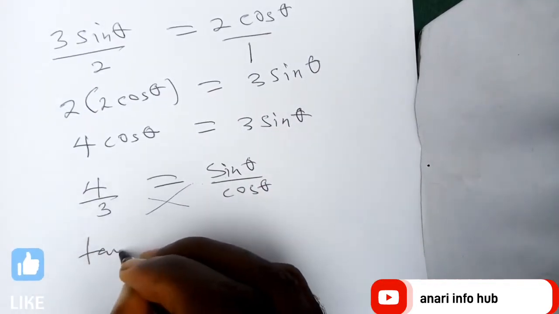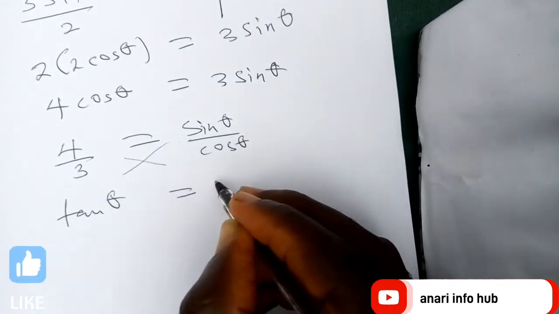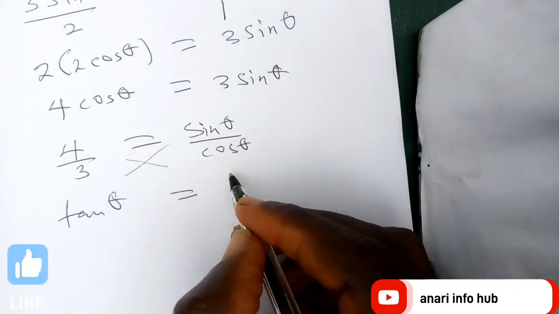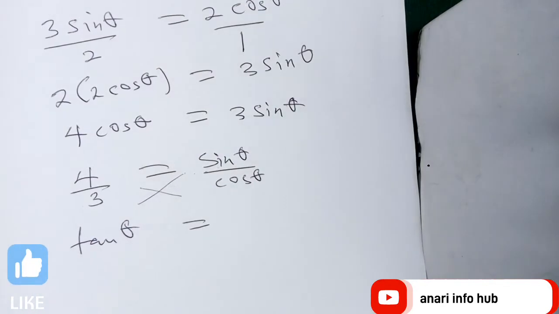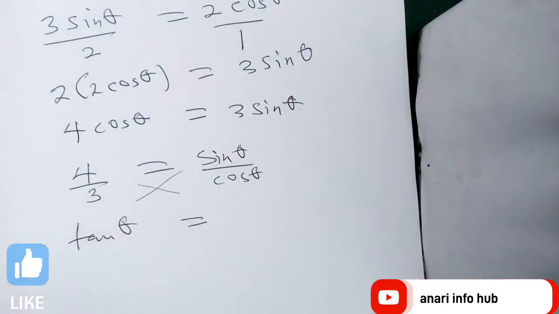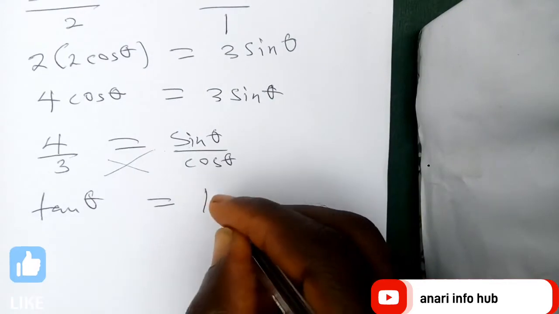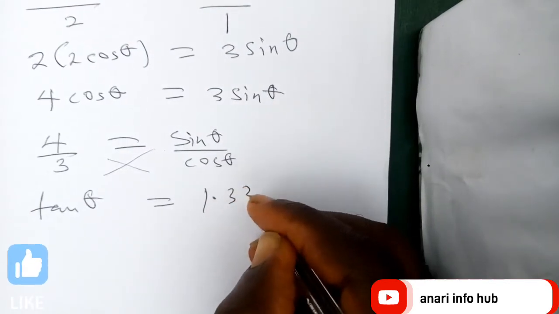So I have that tan theta is equal to 4 over 3, which gives 1.33.